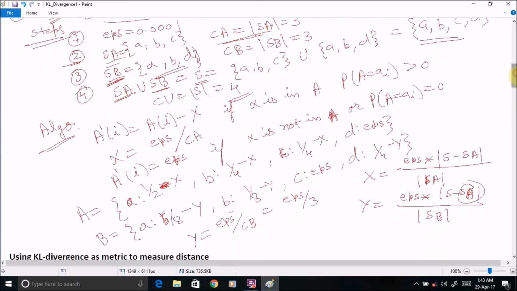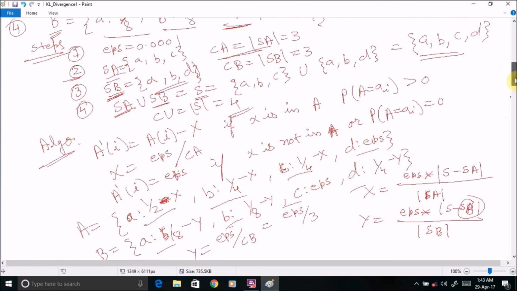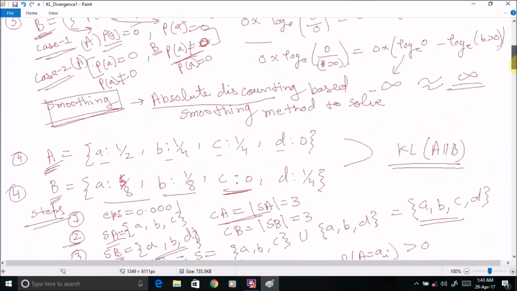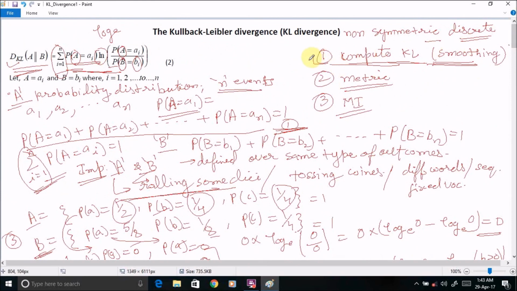So this is the way we can change the value in each case, and now we can compute the KL divergence score between A and B. So we have successfully discussed computing the KL divergence and using smoothing in simple cases.